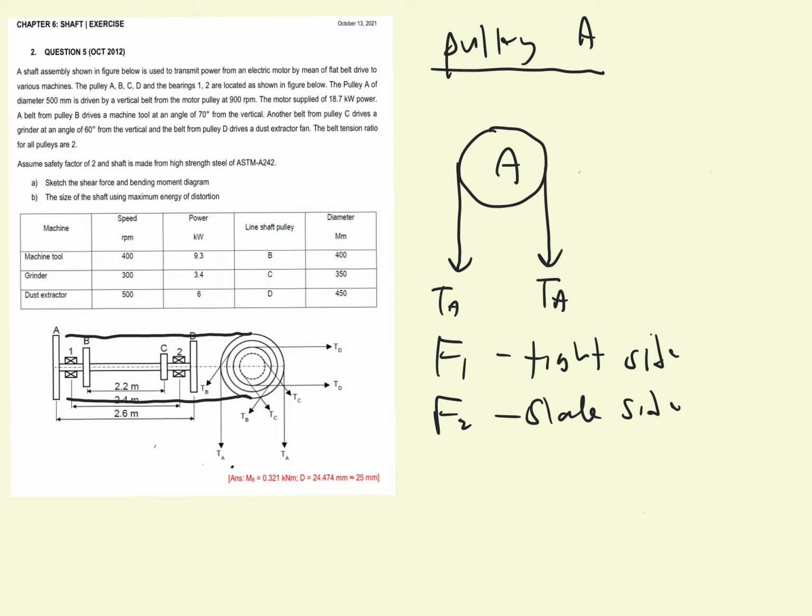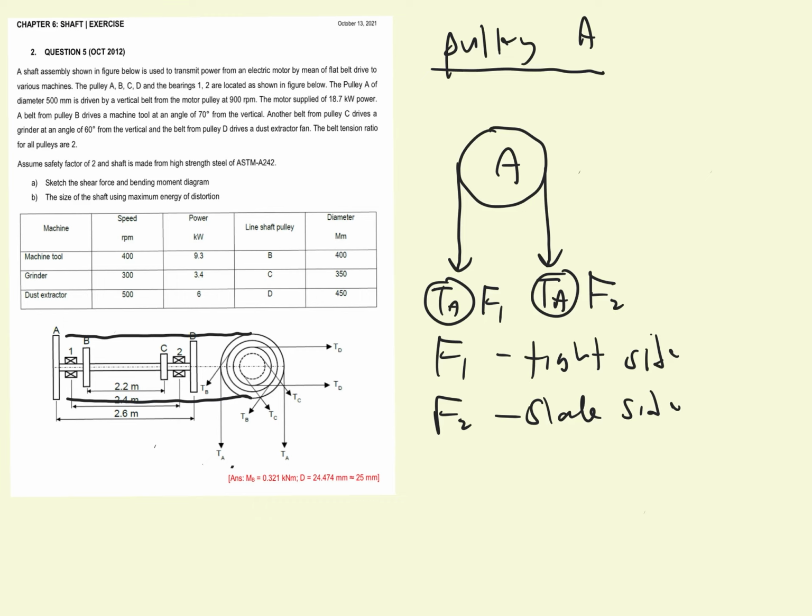So this one I will change into F1, and this one I will change into the slack side, because I do not want you to be confused with the terms T and F. T here means tension, not torsion. So to ensure that you will not be confused, I will change the TA into F. So we know F is tension or force.